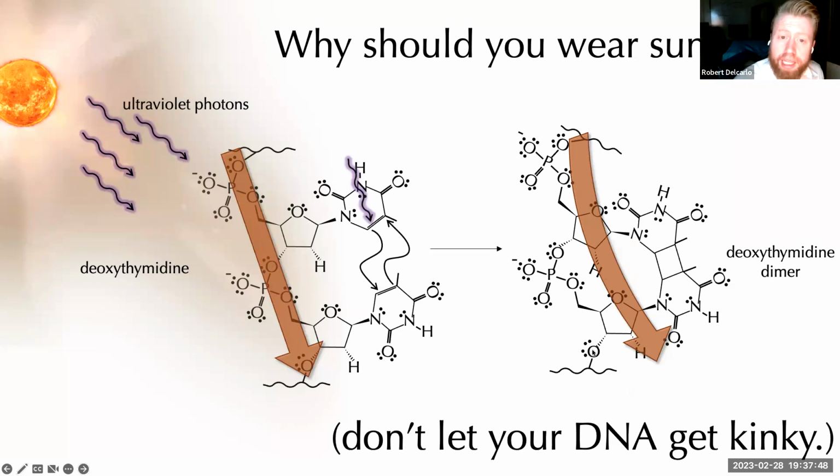And the problem is when they chew it up, sometimes they repair it well, and sometimes they don't. And when they don't repair it well, that is going to be the case where, let's say, they put an A where there should be a T, or they put a G where there should have been a T. That is where a mutation can happen.